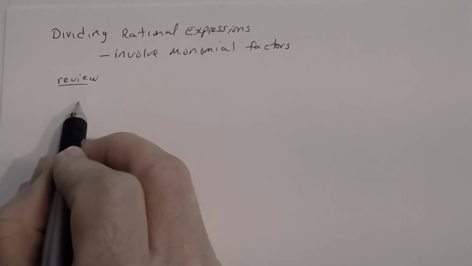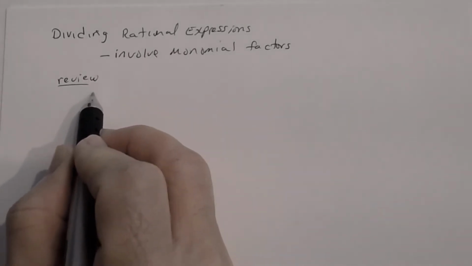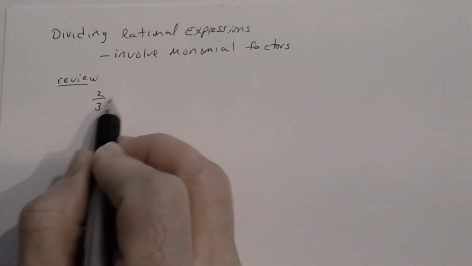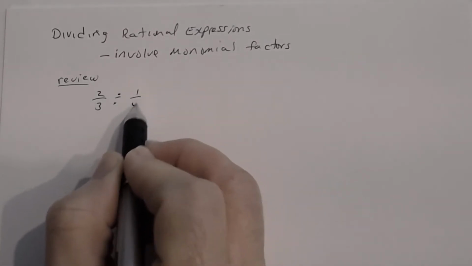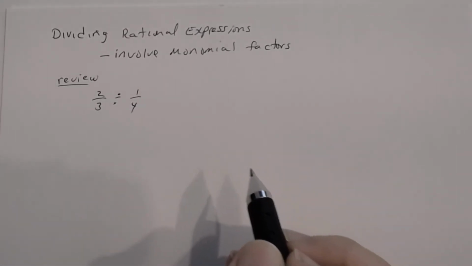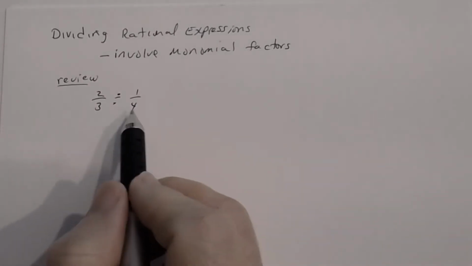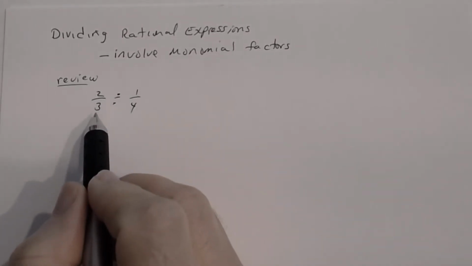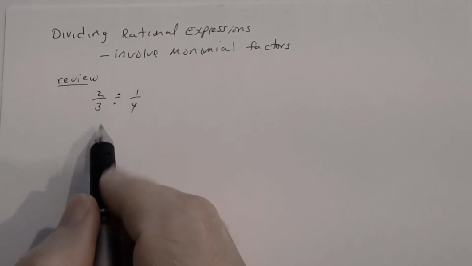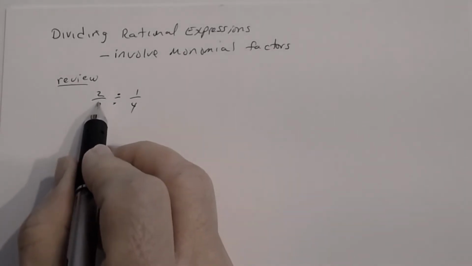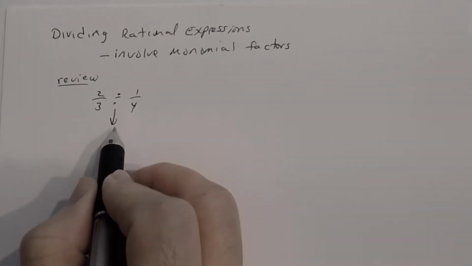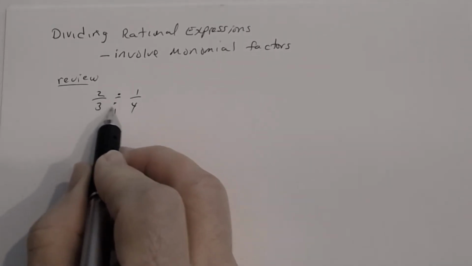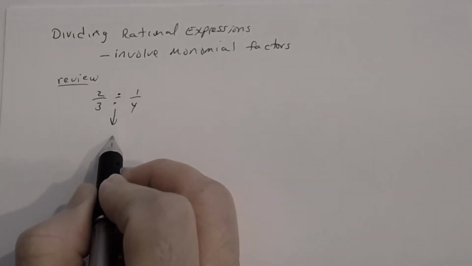If I wanted to divide the fraction 2/3 by 1/4, do you remember how to do that? Whenever you divide two rational numbers, you're going to rewrite this as a multiplication problem. You're always going to change the division to multiplication.